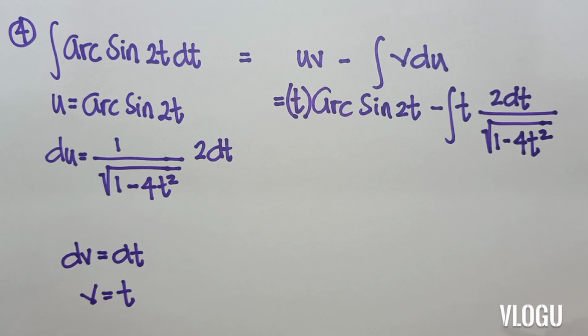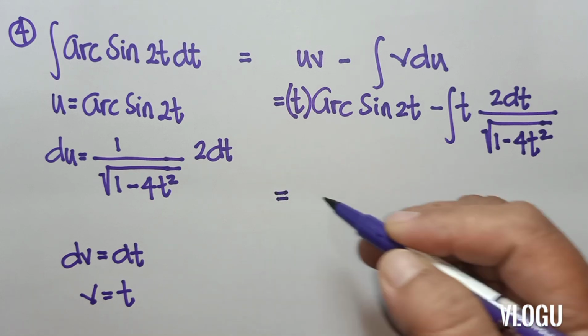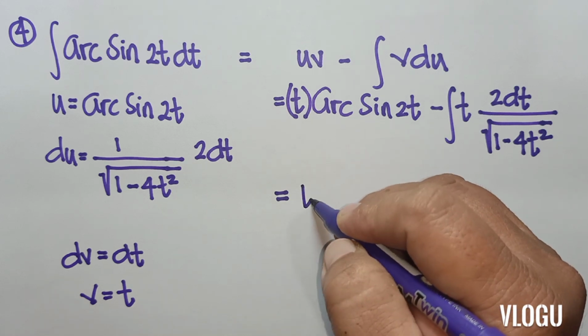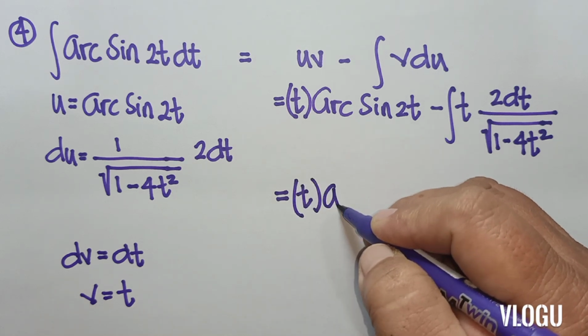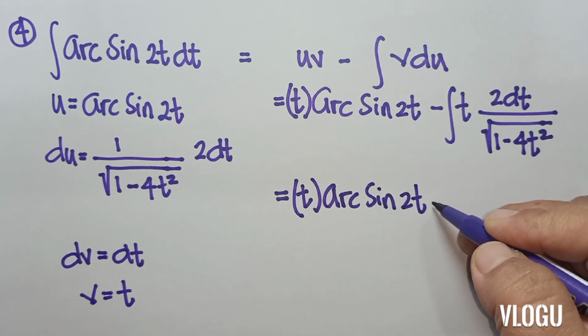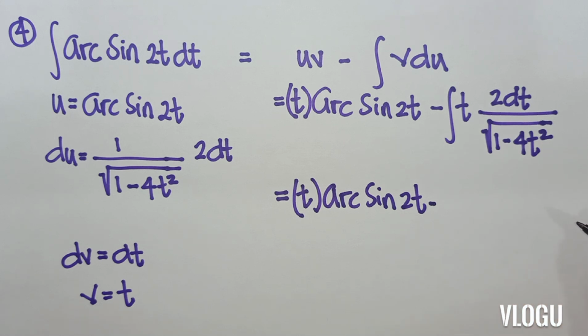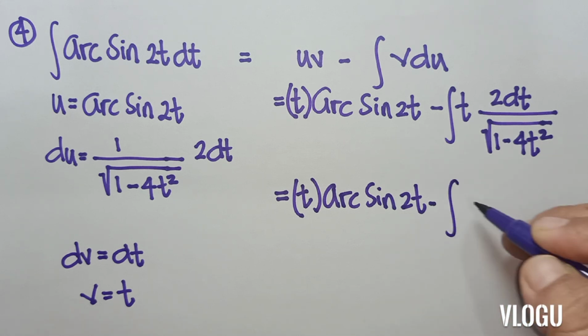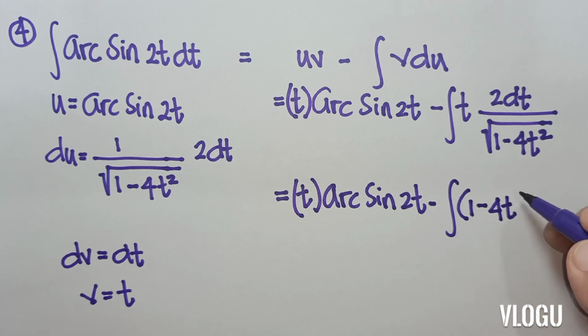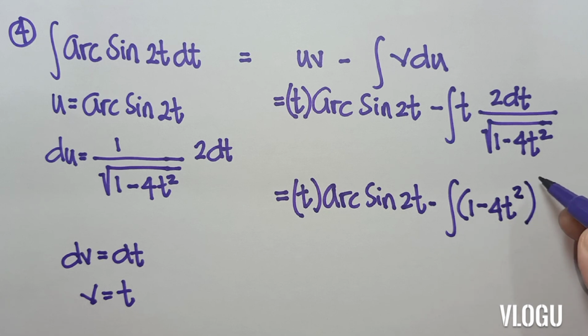Therefore, we have t arc sine 2t minus the integral of (1 minus 4t squared) to the negative 1/2.